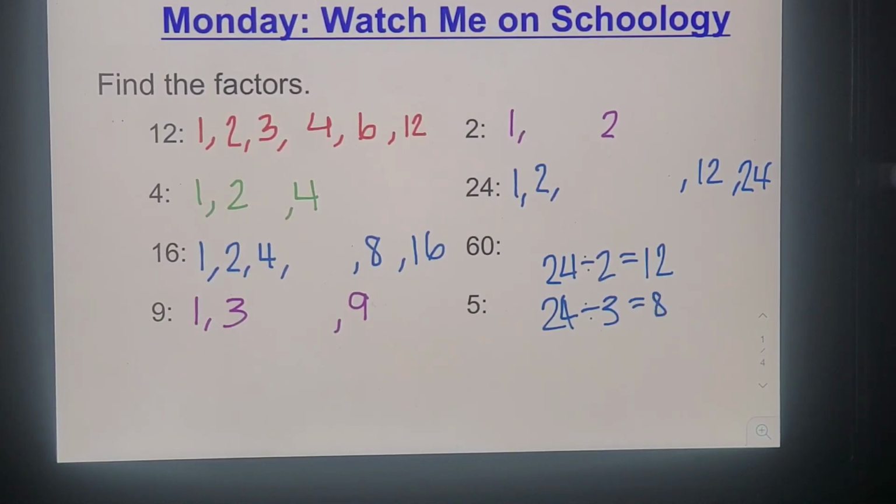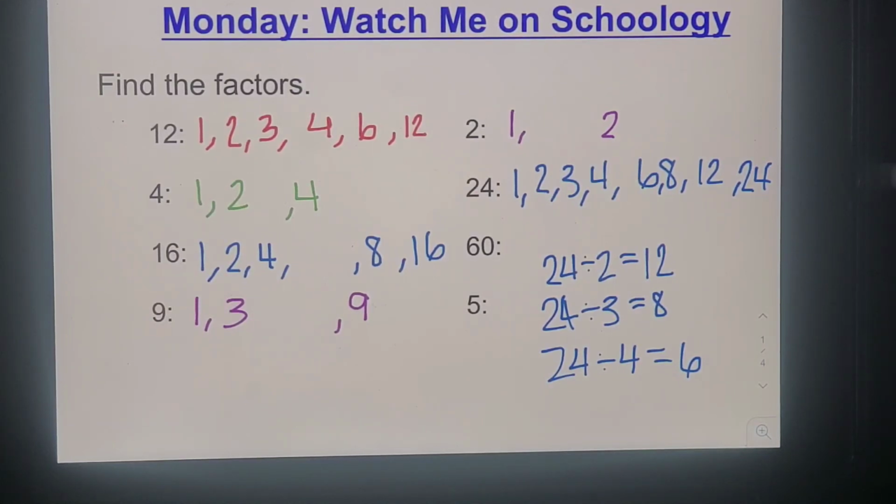That equals 8. So we would write 3, 8. Next, we can try 24 divided by 4. That equals 6. So we would write 4, 6.